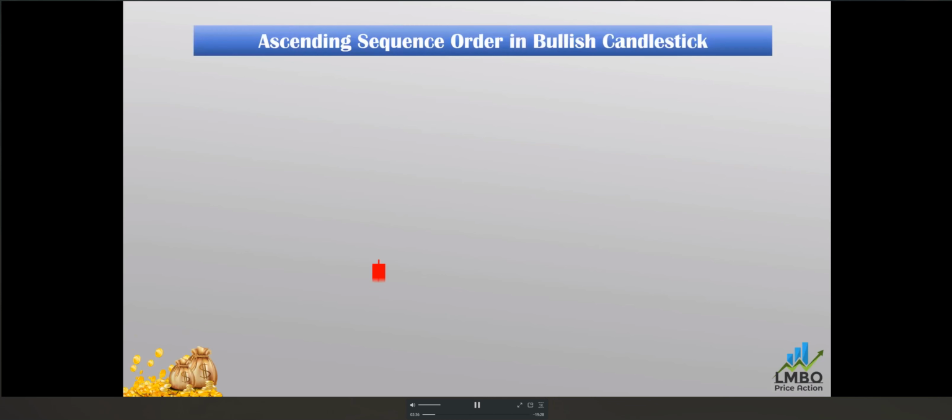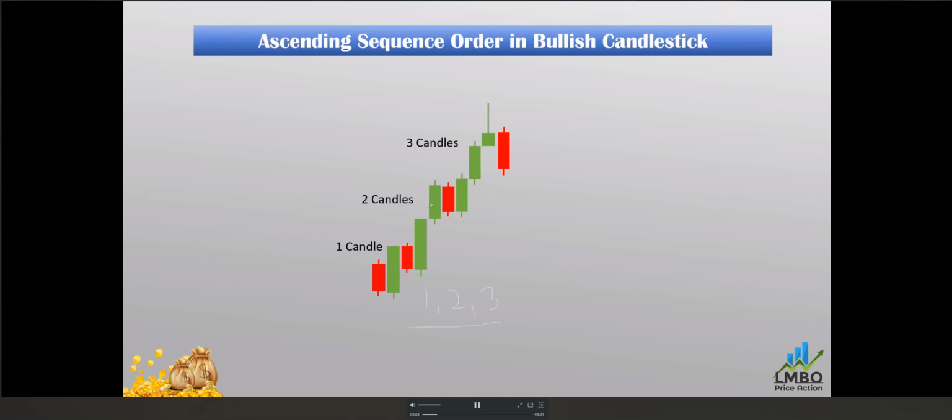Here in this chart, just understand: buyers enter, then sellers enter. Buyers enter 2 times, then again sellers enter. Buyers enter 3 times. Now just understand what the sequence is creating. 1, 2, 3 means the number is increasing. One candle, then it increases with 2 candlesticks, then with 3 candlesticks.